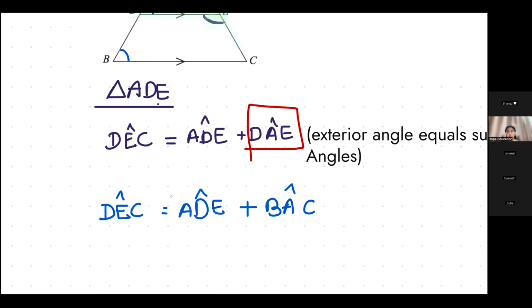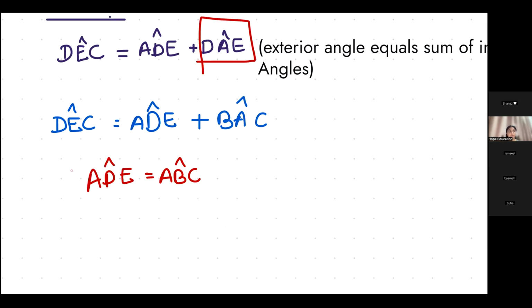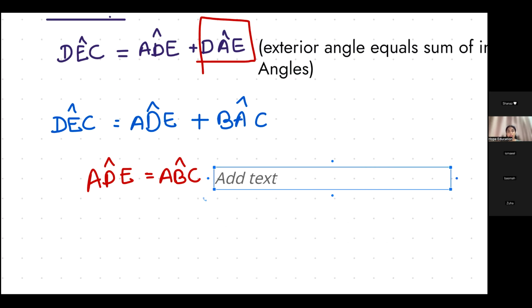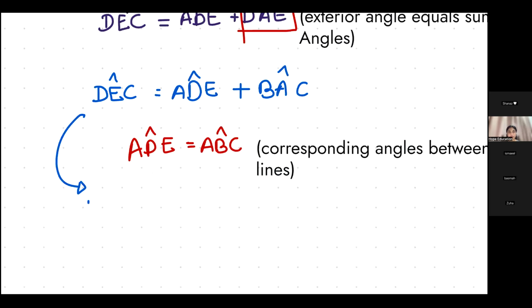Therefore, I write ADE equals ABC, and within brackets, I write corresponding angles between parallel lines. Therefore, I can write DEC as it is.